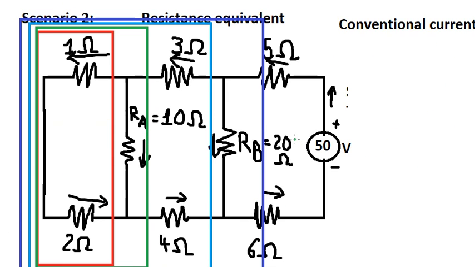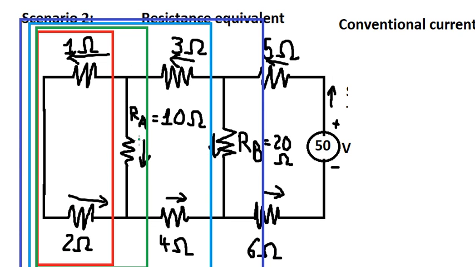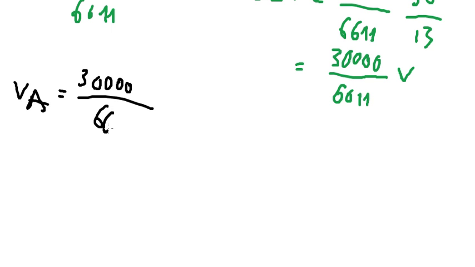Now about the blue, we can see that about the green, the red one is parallel to R8. So the voltage of R8 here should be the number we just calculated. And now we find the current of A.